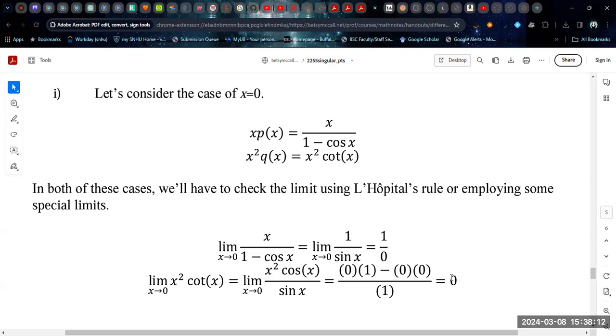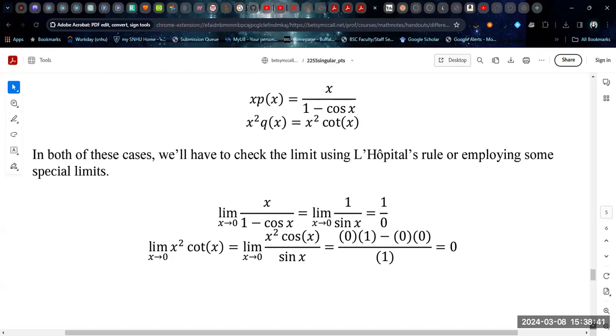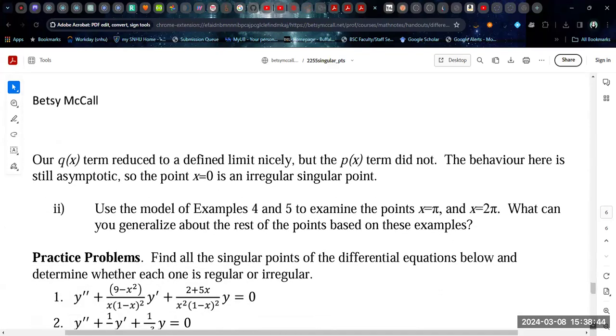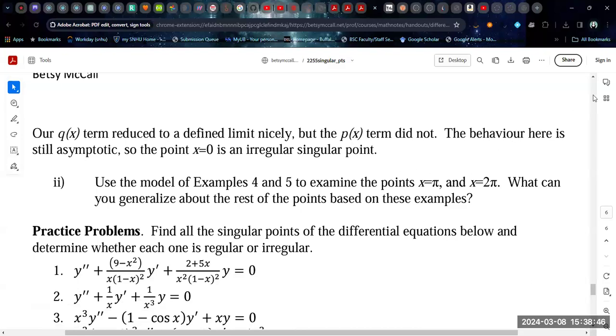And when I plug that in, again, using a product rule, because this is 0 over 0, using the L'Hopital's rule, this denominator will become cosine, and then I can plug 0 in, and I end up with 0 as my limit. Now, the issue here is that this first term is undefined, and so this will still be irregular.